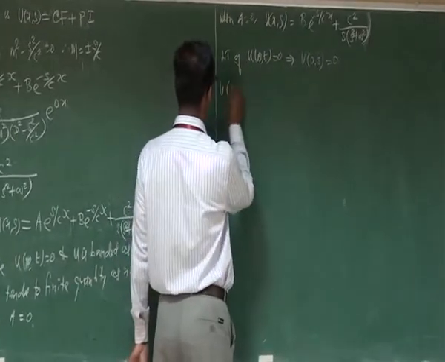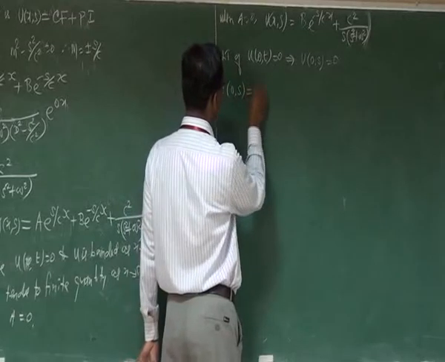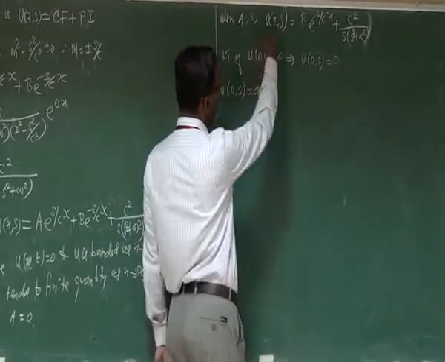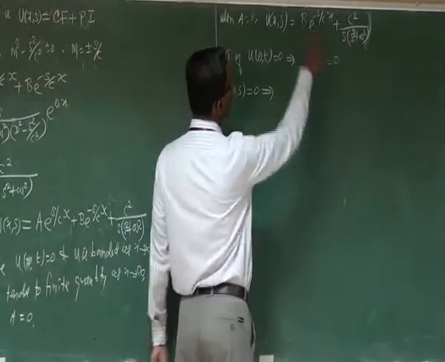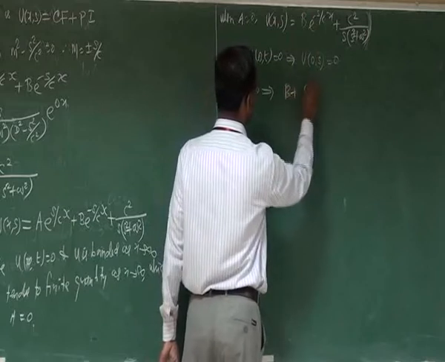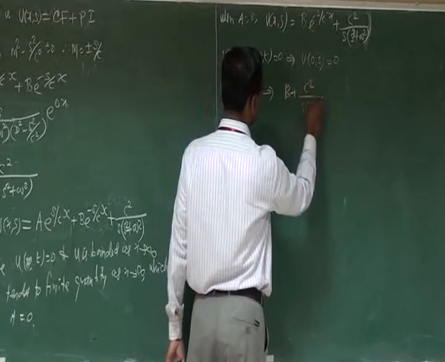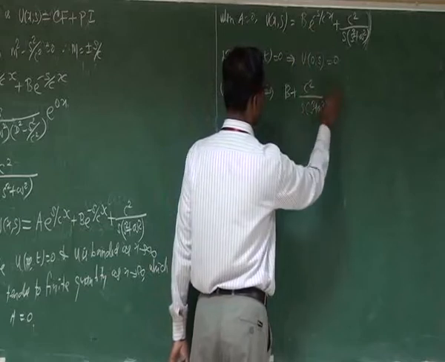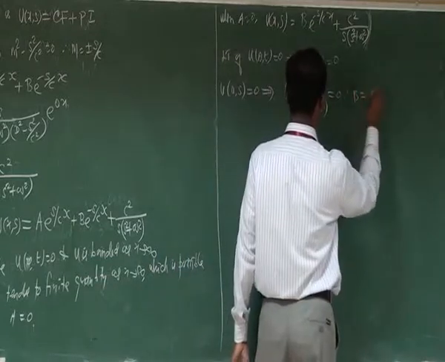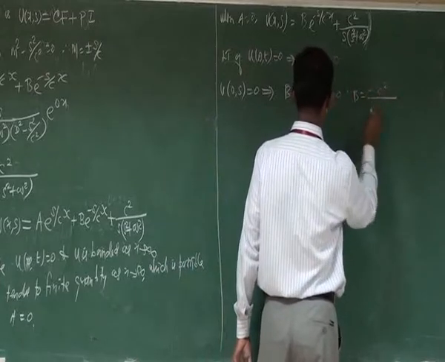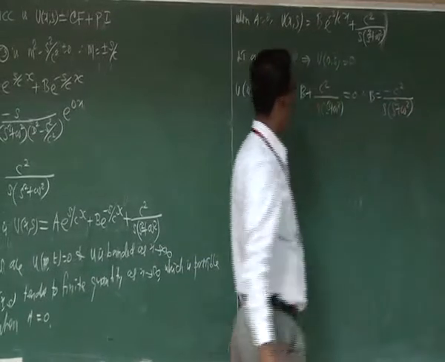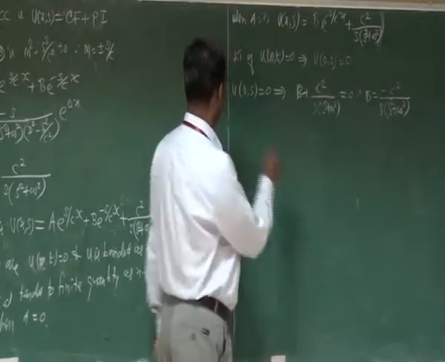So when we substitute x equal to 0, we get b plus c square by s into s square plus omega square equal to 0. Therefore, the value of b is equal to minus c square by s into s square plus omega square.